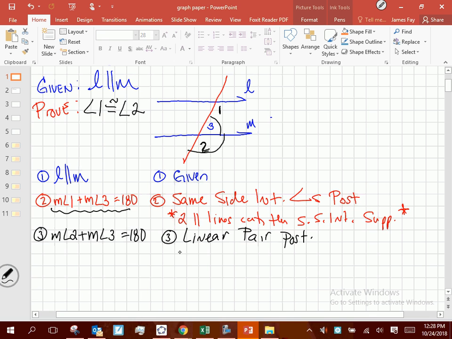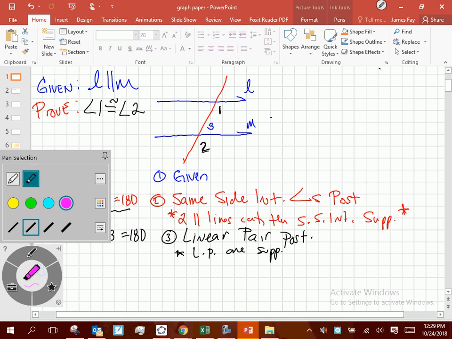If we forget the linear pair postulate, put down what that says. It says linear pairs are supplementary, right? And we go straight into that argument. Okay, so hopefully some light bulbs are going off. Okay, we're hopefully seeing some things here.